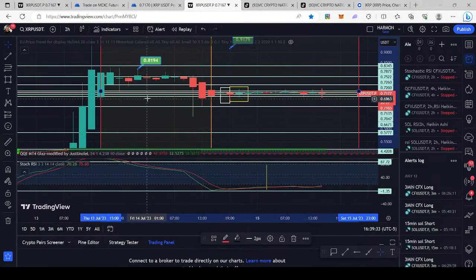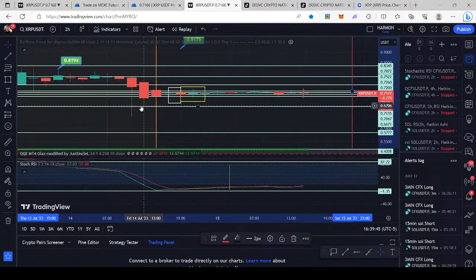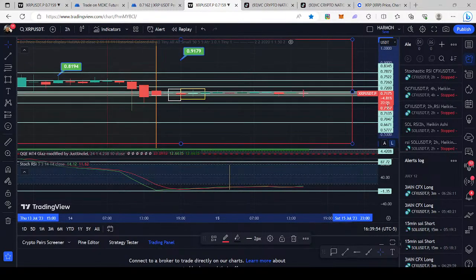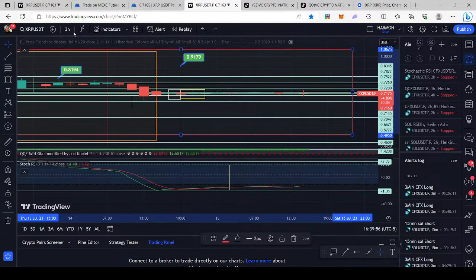Now we have the highest high that we've seen during a 2 hour push, and the lowest low on the 2 hour down. Now we move past that mark, and starting from where the 2 hour hits the bottom, moving forward from that mark, we are going to use the 1 hour time frame.